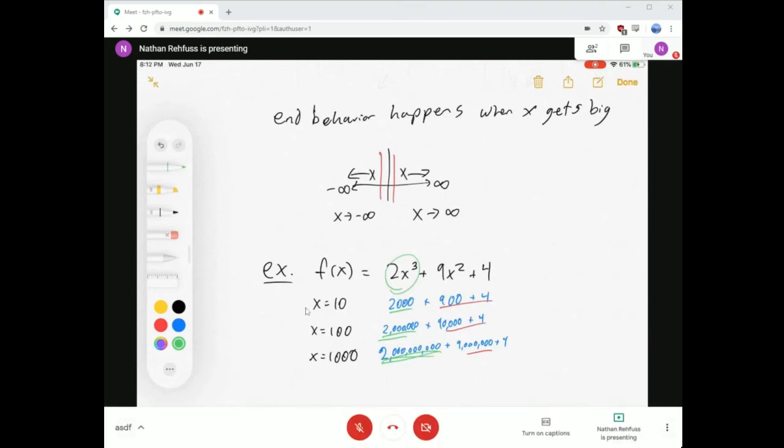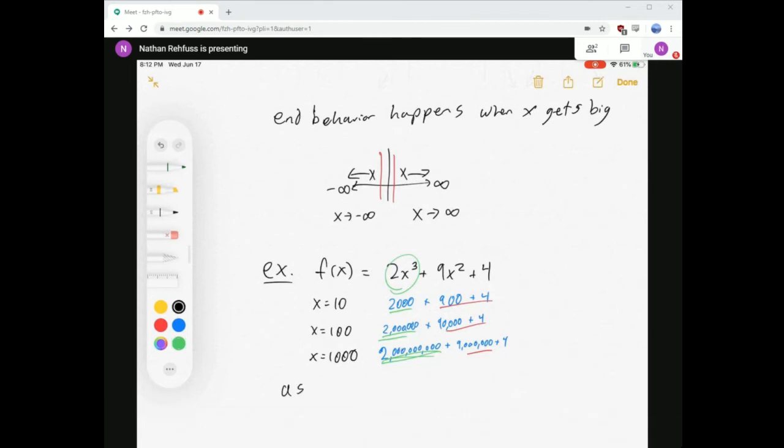And the same thing happens if I had picked negative numbers instead. If this were negative 1,000, then I would have negative 2 billion plus 9 million plus 4. And that's almost the same. The leading term, we say it dominates.